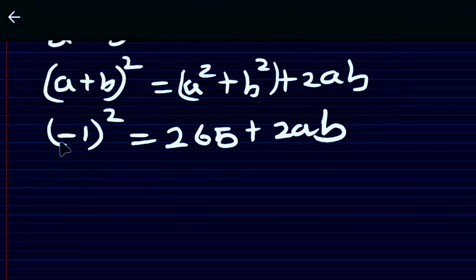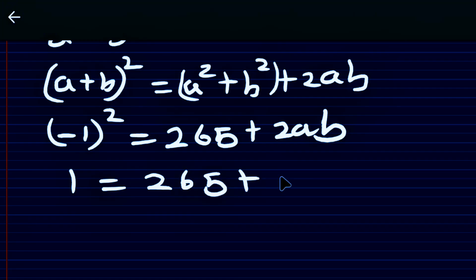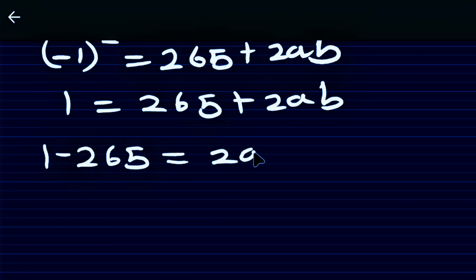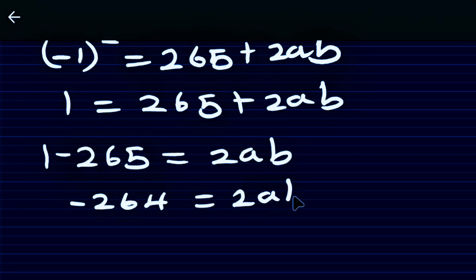So from here minus 1 squared equals positive 1, and this equals 265 plus 2ab. If we collect like terms, we are going to have 1 minus 265 equals 2ab. So 1 minus 265 will give us minus 264, and this equals 2ab.